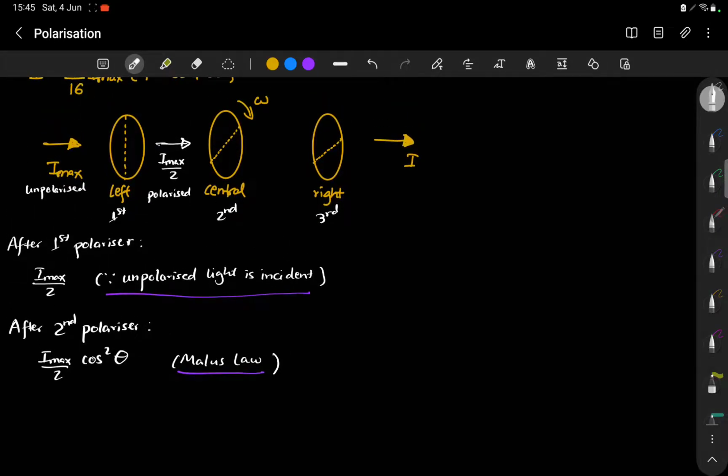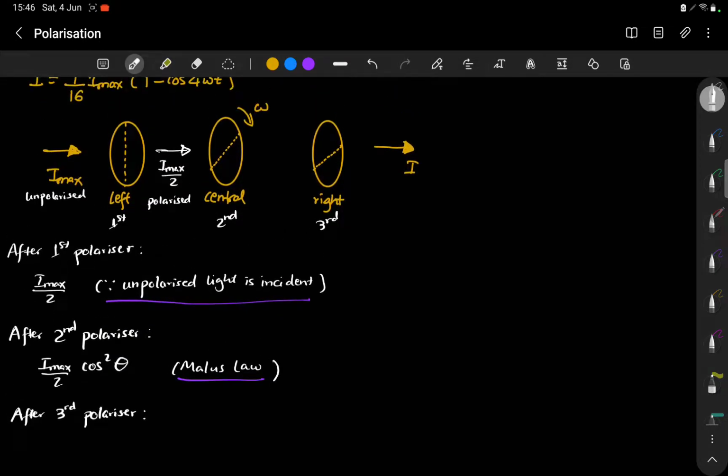Then after the third polarizer, again we will use Malus law here. So now the incoming intensity on the third one is I max by 2 cos squared theta.